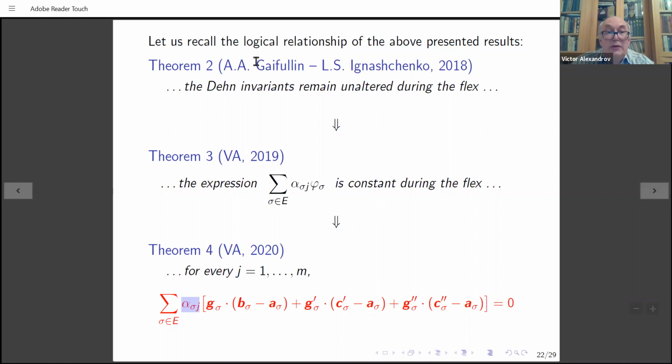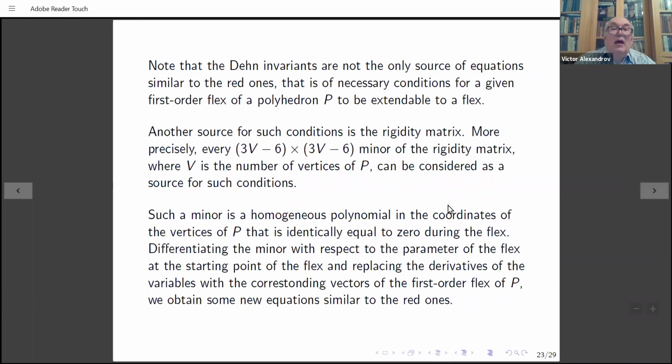So the origin of all these results is theorem 2 and the statement that Dehn invariants remain constant. Now I want to note that the Dehn invariants are not the only source of equations similar to the red ones. I mean necessary equations for a given first order flex of a polyhedron to be extendable to a flex.